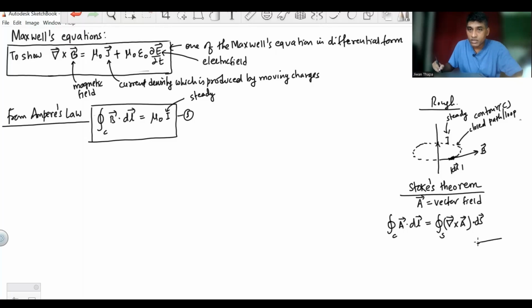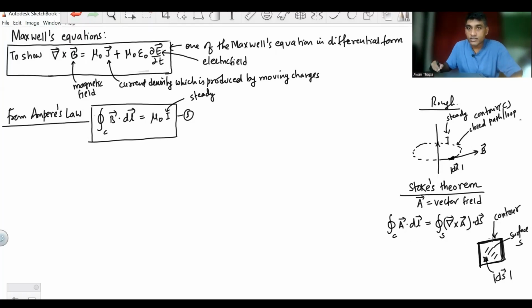Let's say we have a closed path, or closed loop. Let's say this is a contour, a closed loop or closed path, and it is enclosing a surface S. And let's take a small elementary area dS on the surface.